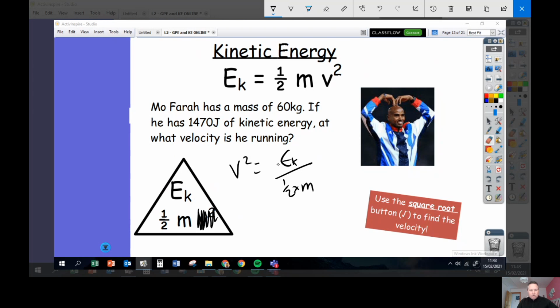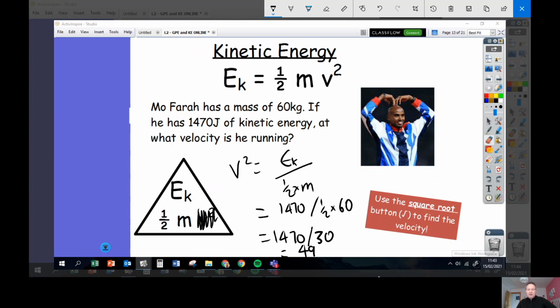Now I'm going to have to do a square root at the end of this, but let's do my energy, 1,470, divided by a half times the mass, which is 60. So I've got 1,470 divided by a half times 60. So 1,470 divided by 30, if I grab my calculator, gives me 49.